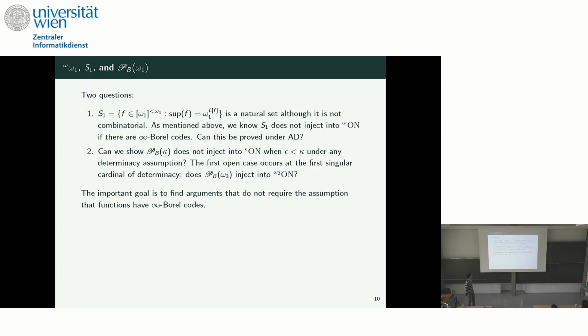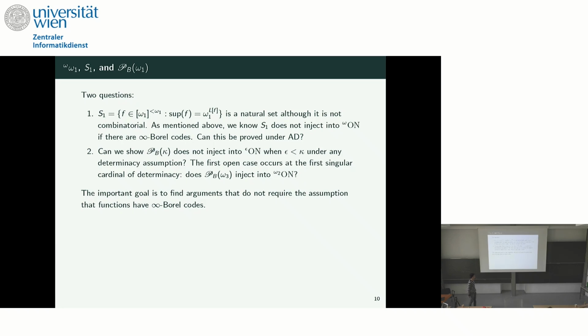But for some time, I've been interested in these two questions. So S1, as I mentioned before, is a natural set, but it's not necessarily a combinatorial set, right? So you can't really use partition properties to address whether S1 injects into omega sequences of ordinals. So one question is, can you prove this under AD?